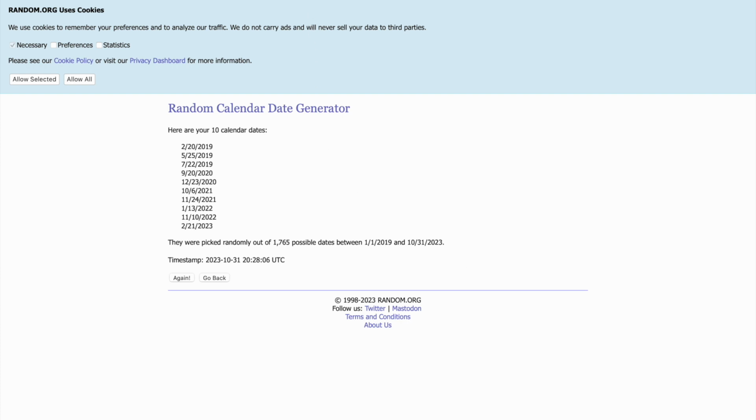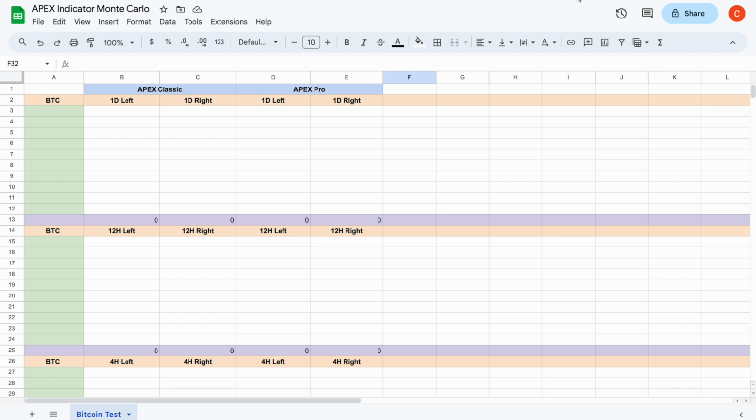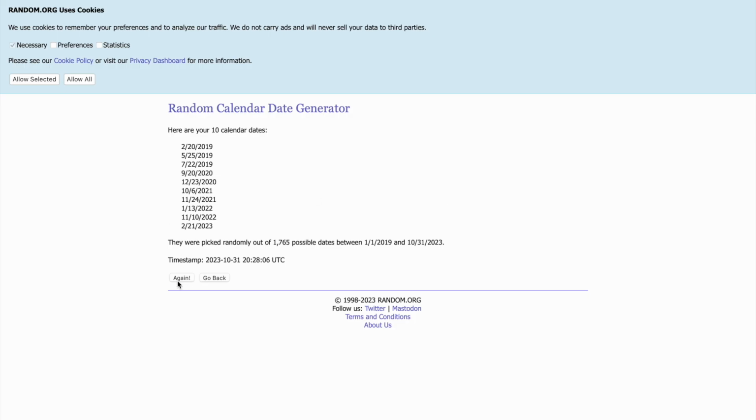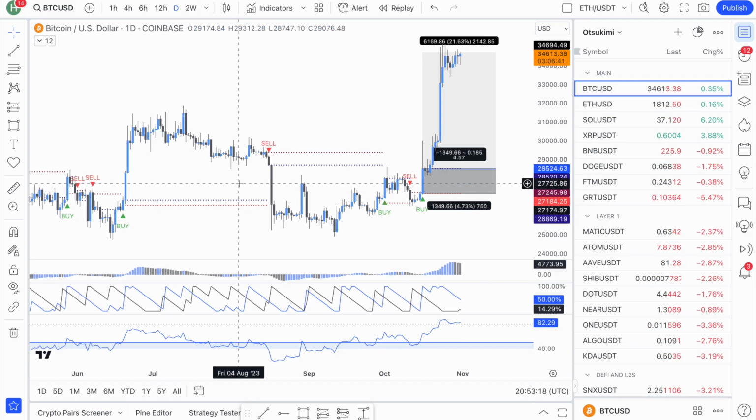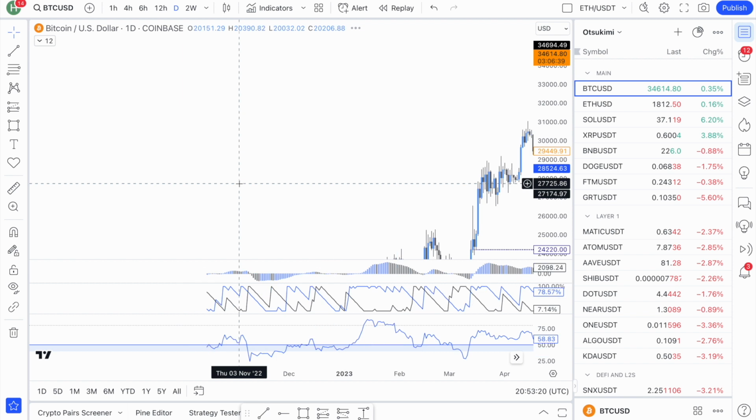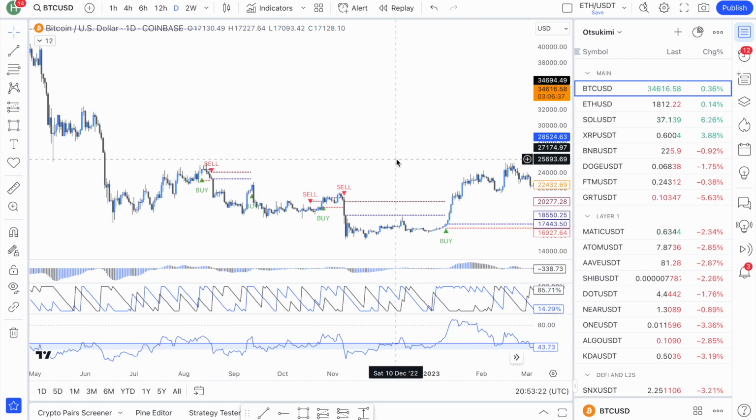In addition to that, what I'm going to do is make 10 dates. I'm going to roll this, make 10 dates, and then I'm going to mark that date. I'll use this one as an example because it's the most recent one, February 21st, 2023. So what I'll do is go to the daily time frame, and I'll use different time frames.